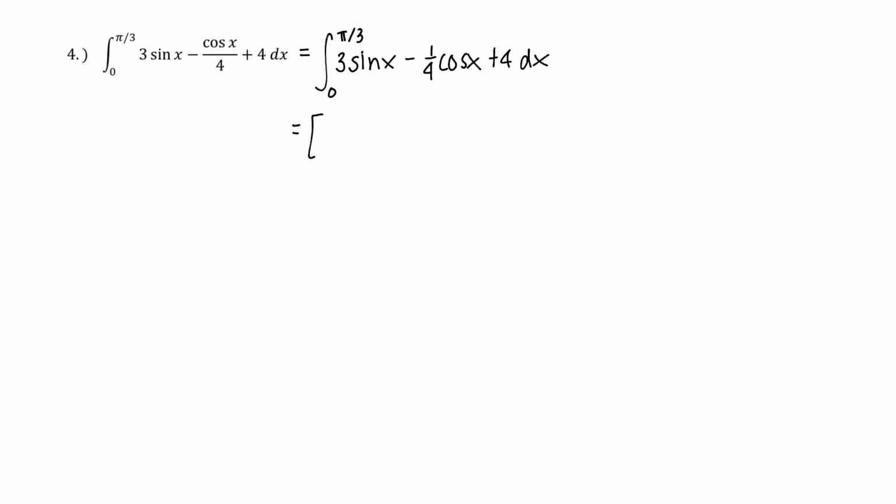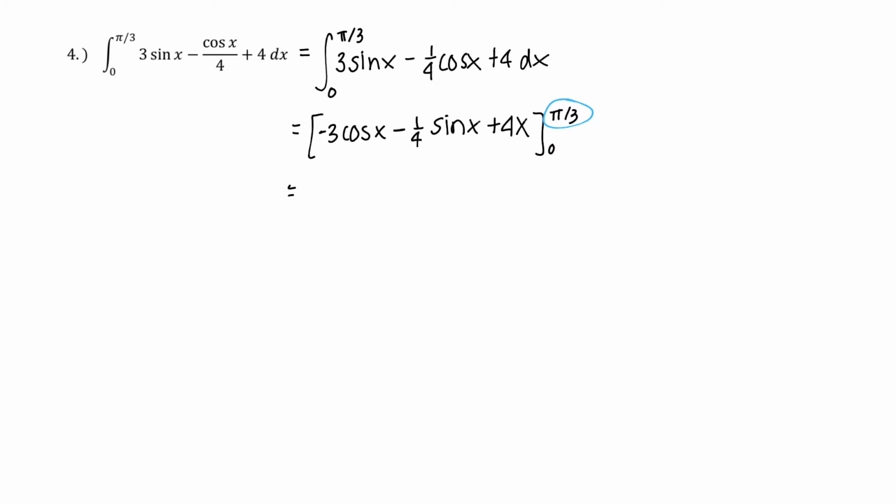So I have sine goes to negative cosine, so negative 3 cosine x. Cosine goes to positive sine, so this is 1/4 sine x, and it stays negative. So because he integrates to positive sine, since he had a negative, the negative will stay. Plus 4x, evaluated from 0 to pi over 3.